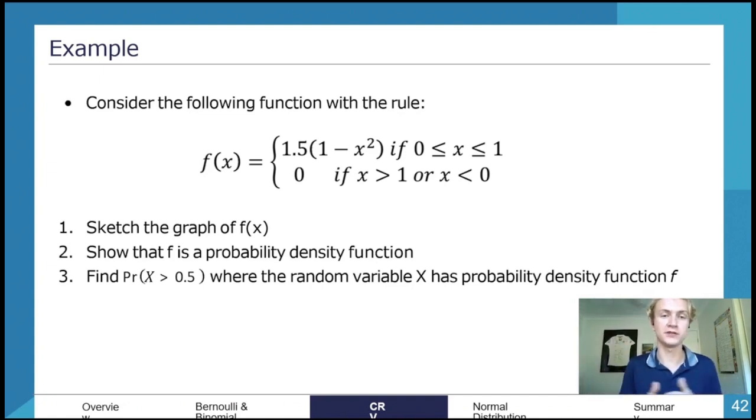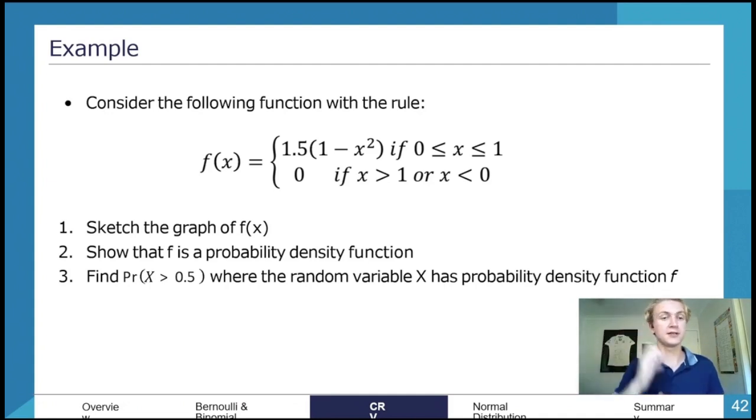So f of x equals 1.5 times (1 take x squared) if x is between 0 and 1. But if x is greater than 1, then it's going to be 0. So the probability is going to be 0. When I say f of x, I'm talking about the probability there.